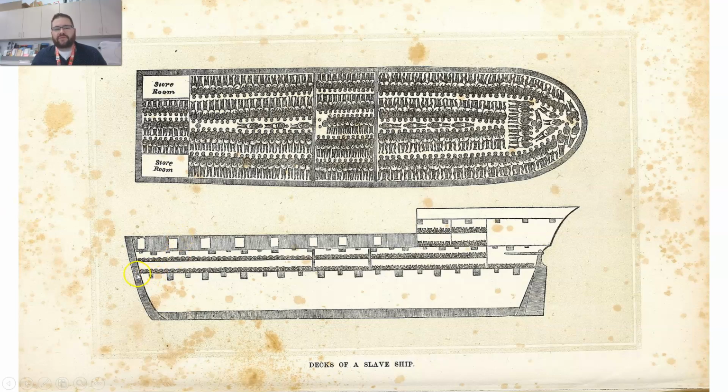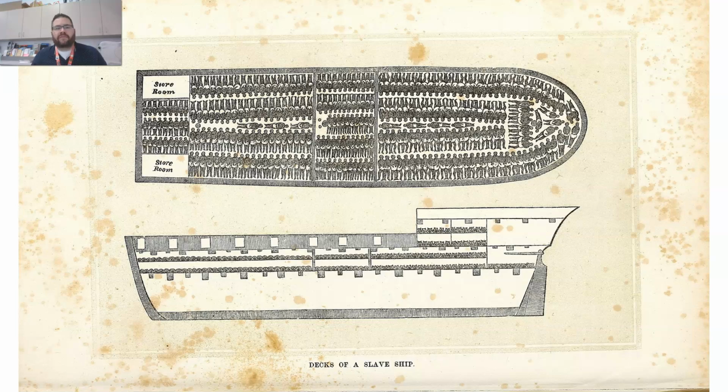We also see what is known as a cross-section drawing right here, where we see the different levels of slaves. So we see that there is a level of captured Africans, and right here they are forced to lay down and were bound to each other. Another level here, and other levels of slaves here.